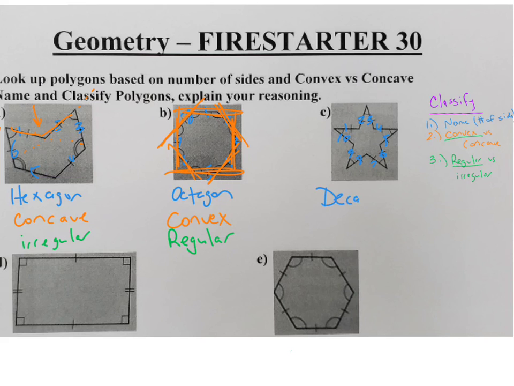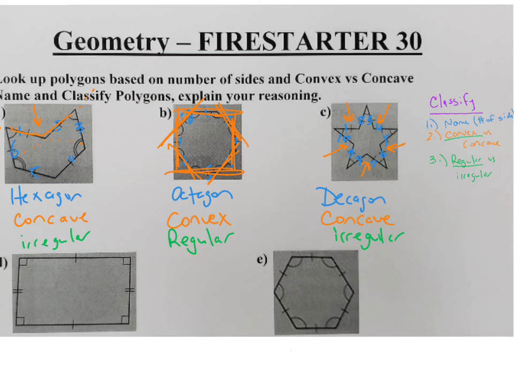That means it's a decagon. All right. Convex or concave? Well, look, those two sides right there, each of those sides look like they're dented in. So we're going to say concave. Remember, as soon as I write the word concave, it immediately means irregular, even though we have a lot of congruent sides and angles.